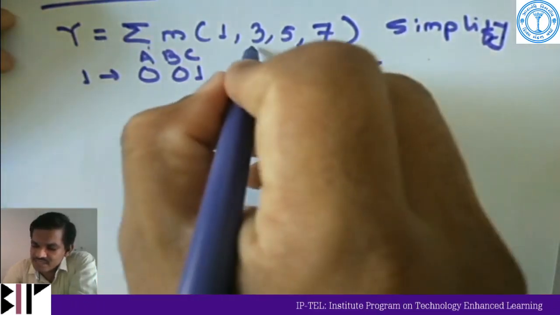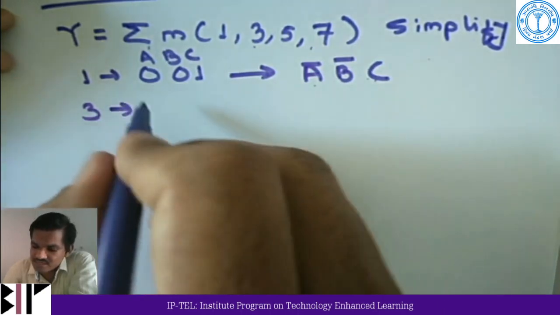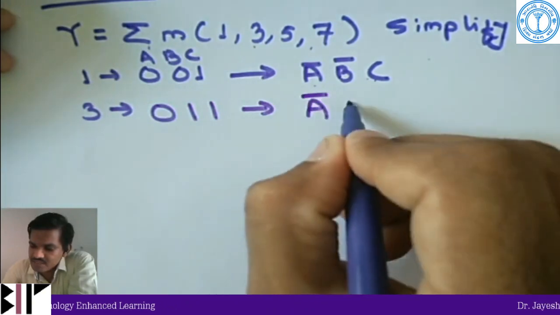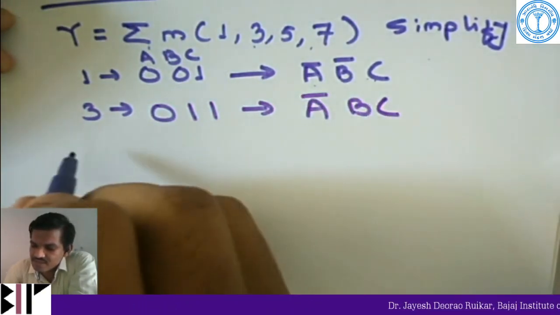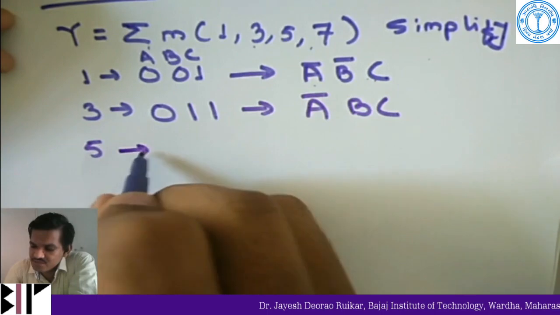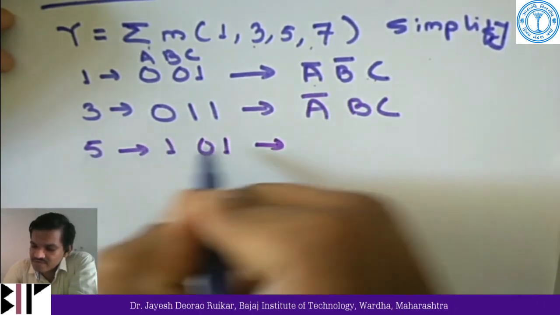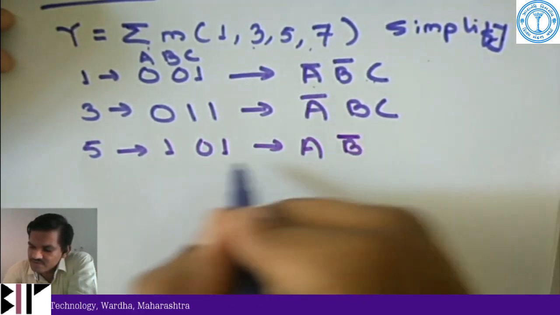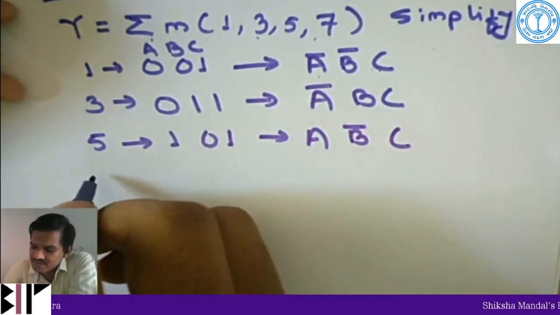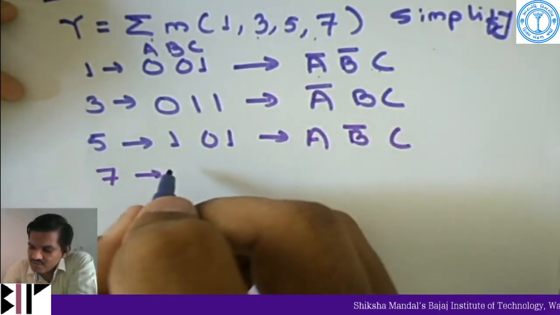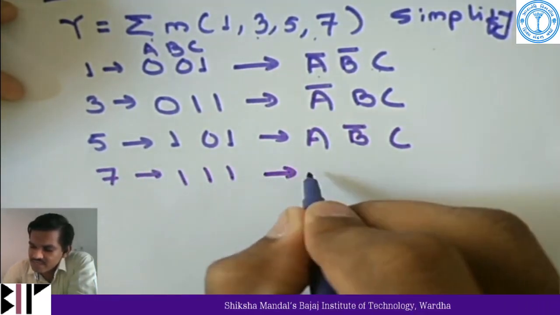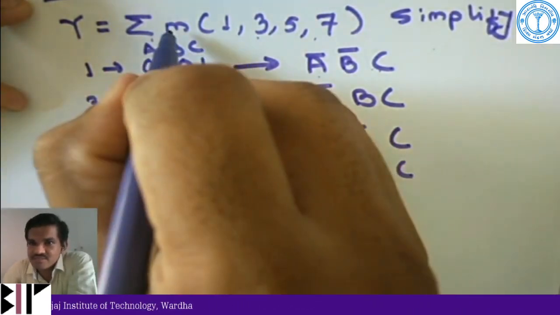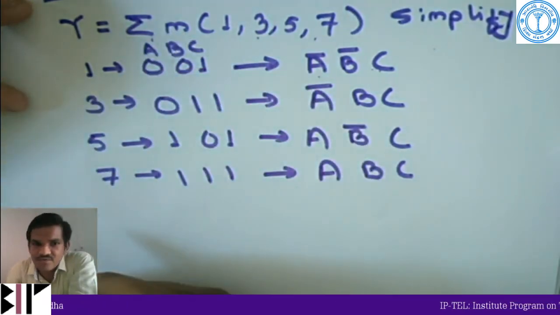Now the next minterm is 3. So 3 can be written as 0, 1, 1. That means in three variables A bar, B, C. Then 5 is 1, 0, 1. So for 1 we will write A, for this 0 we will write B bar, for this 1 we will write C. And for 7, all are 1s, so we will write A, B, C. Now this is in sum of product form.